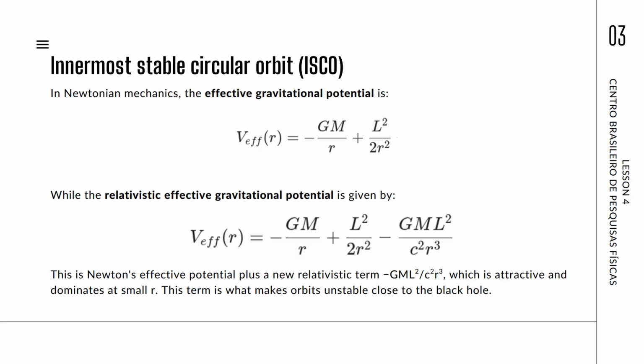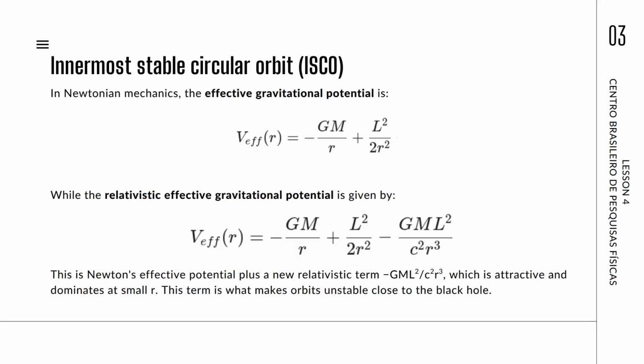One fundamental concept in active galactic nuclei is the innermost stable circular orbit. Do you remember from the first class that I showed you some drawings of black holes with accretion disks? And I said that the disk is not touching the black hole, it's not touching the event horizon.